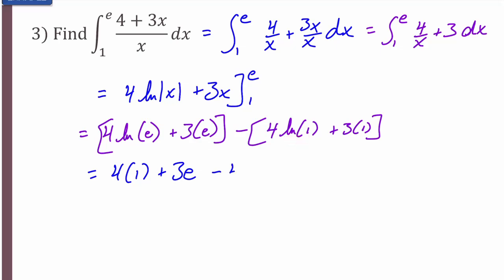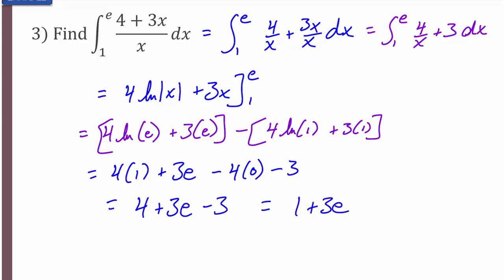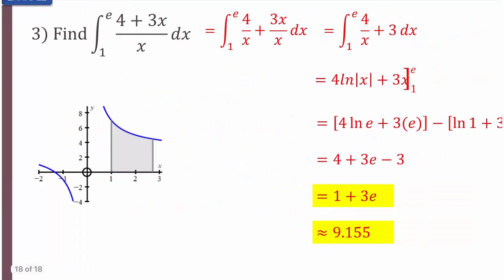So this would be 4 times 0, and then minus, because I have to distribute that negative, minus 3. So I have 4 plus 3e minus 3, or 1 plus 3e. And so that is the exact value of the true area under this curve from 1 to e. Now, if you were to do this in your calculator, you'd get approximately 9.155.